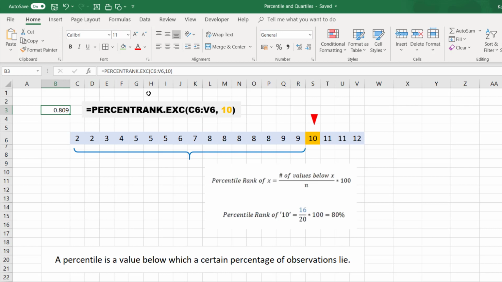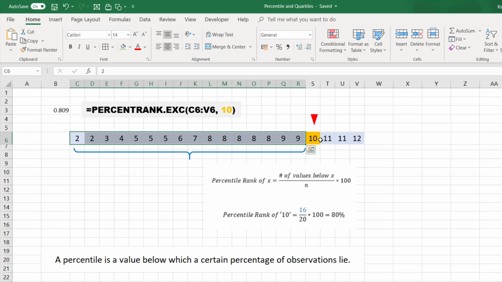Give it the range, then put the number 10 right here, and it tells you 80%. Look at this: isn't this 80% of the whole? Yes, that is percent rank.